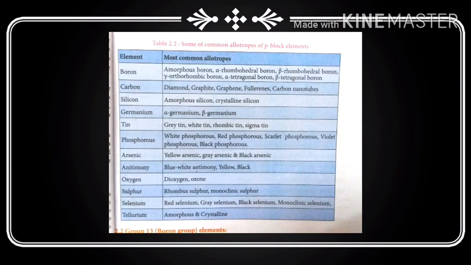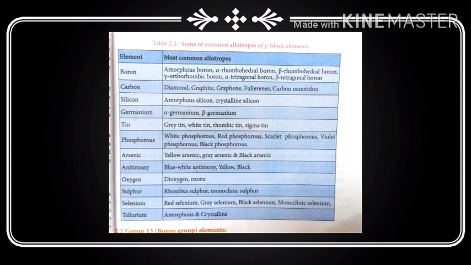Oxygen can exist in two forms: one is dioxygen, the next is ozone. Dioxygen is O2 and ozone is O3. Sulfur: rhombic sulfur, monoclinic sulfur. Selenium: red, grey, black, monoclinic selenium, and tellurium: amorphous and crystalline. So these are all the most common allotropes of p block elements.